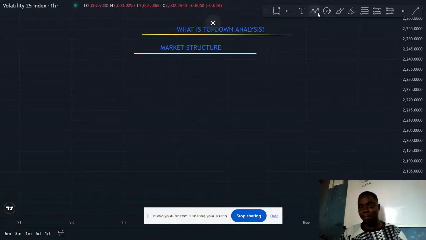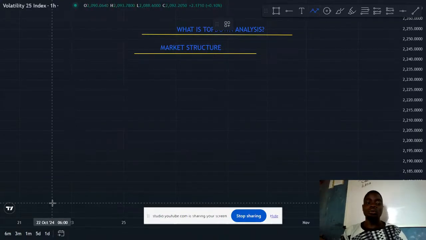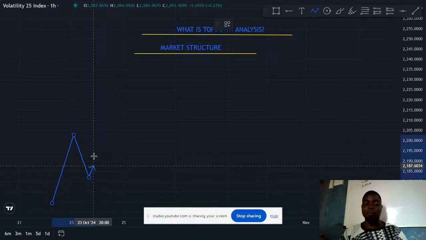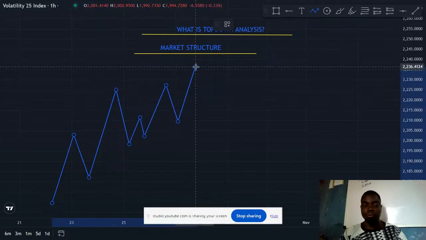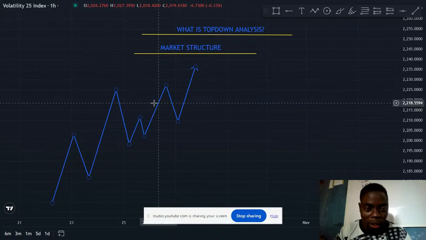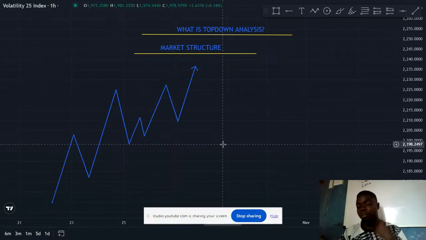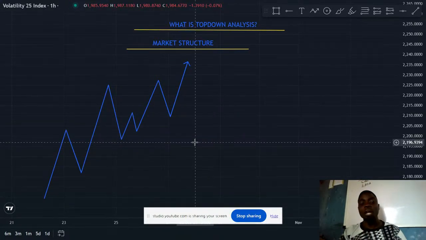Technically, gurus have concluded that if price keeps doing this, then we are bullish, right? We are bullish.